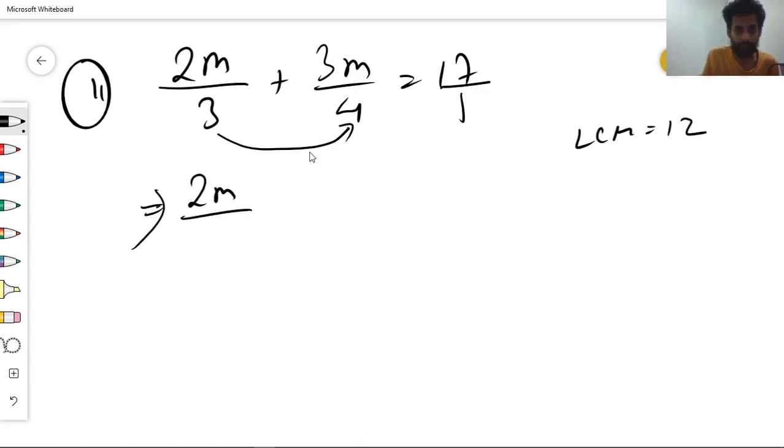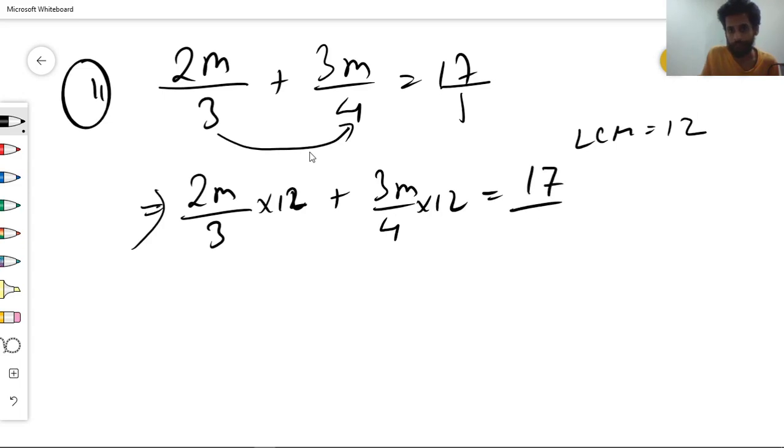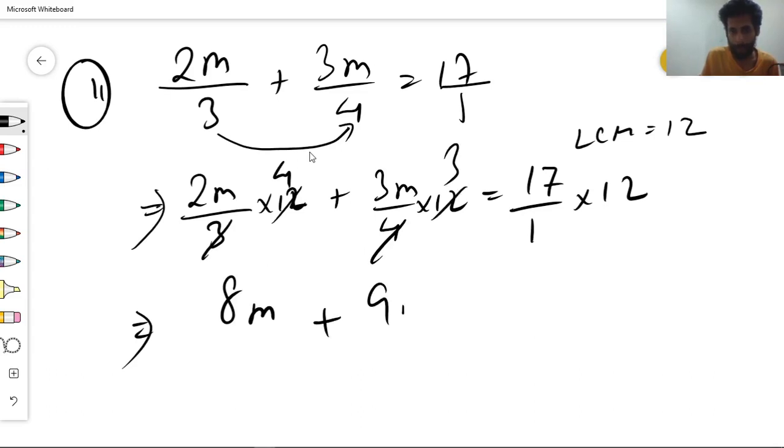So twice m by 3 into 12 plus 3m by 4 into 12 is equal to 17 by 1 into 12. So this will be 4 twos are 8m. Then here it will be 3 threes are 9, and here it will be 12.